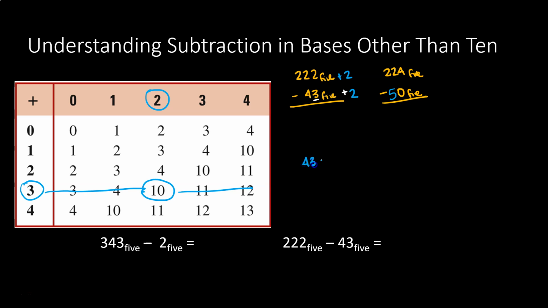Remember that 4, 3 plus 2 would look like 4 groups of 5 plus 3 units, and then I'm adding another 2 to that. But those can be turned into a group of 5. But once I add that group of 5, I now have 5 groups of 5.